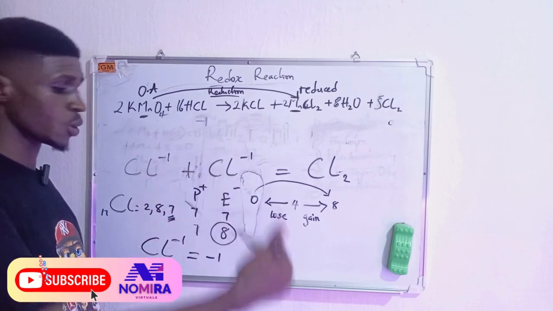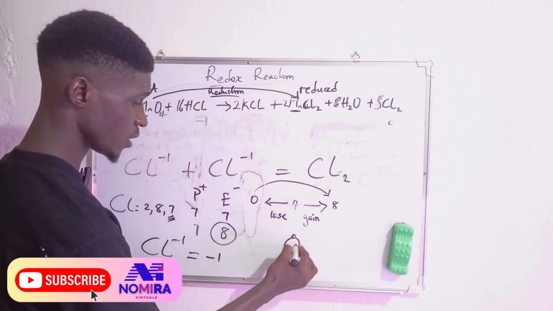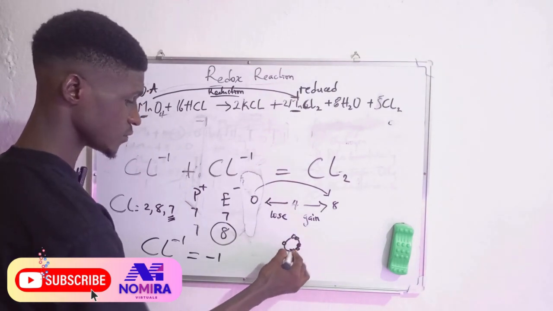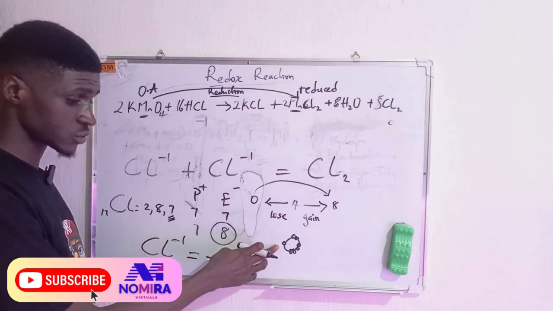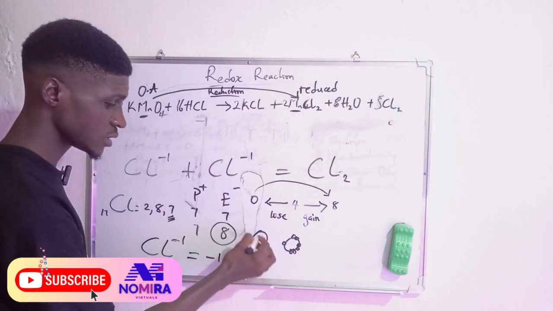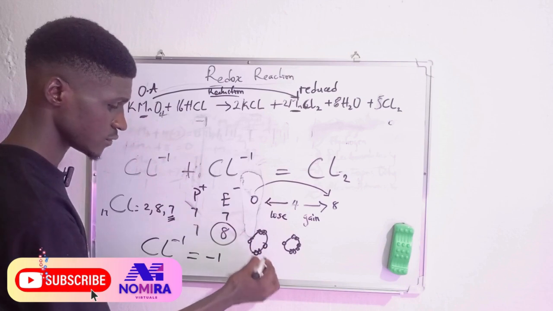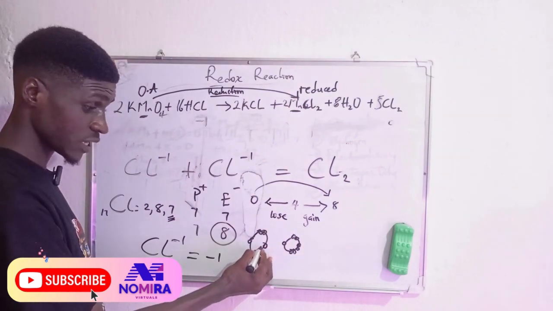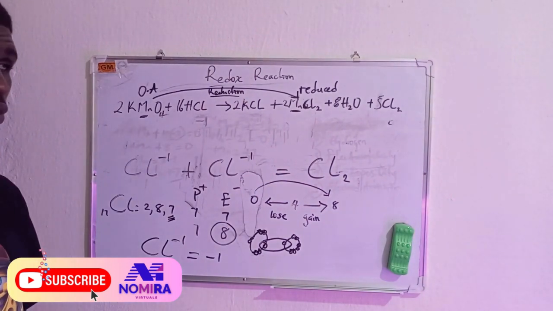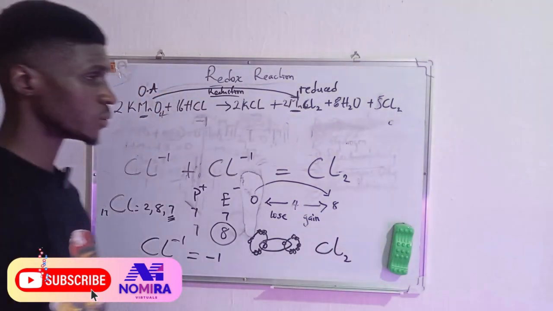So when this thing happens twice, let's say you have 1, 2, 3, 4, 5, 6, 7. You will be seeing 1 unpaired electron on one chlorine atom. Then repeat this thing for the second one. 1, 2, 3, 4, 5, 6, 7. You see there is another unpaired electron here. So when the two of them come up and exchange, or they pair together, it will form a chlorine molecule.